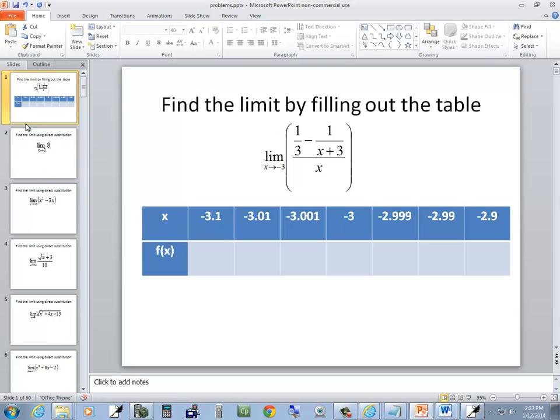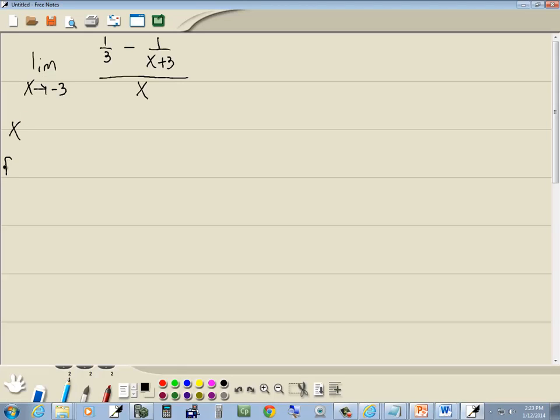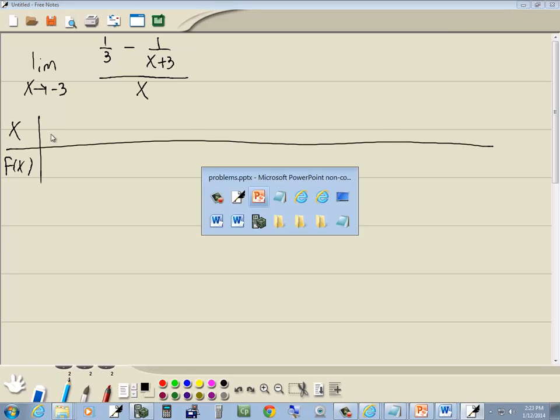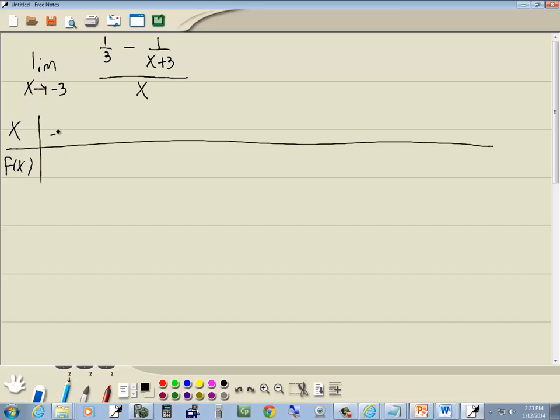Okay, and we'll fill out this table to help us figure out what this limit is equal to. You can read my writing.